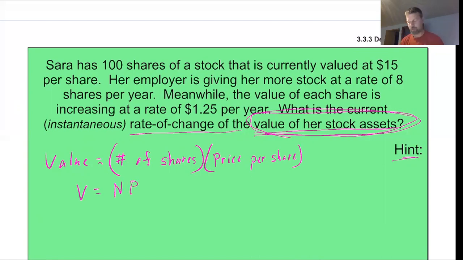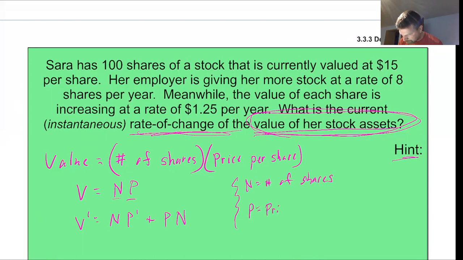I'm looking for the rate of change of that value, so I need to find the derivative, V prime. Well, that's a product. So V prime is N times P prime plus P times N prime, remembering that N is the number of shares and P is the price per share.